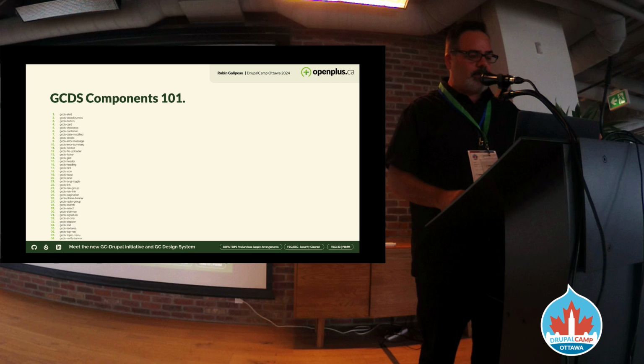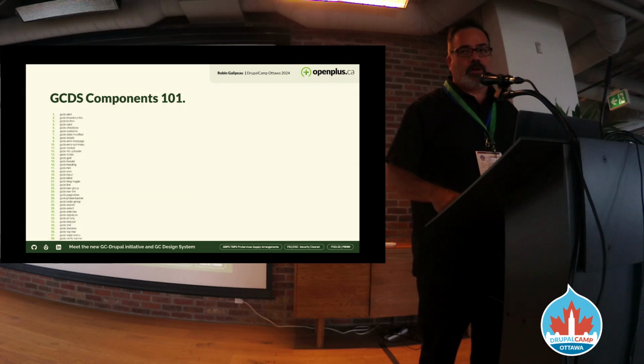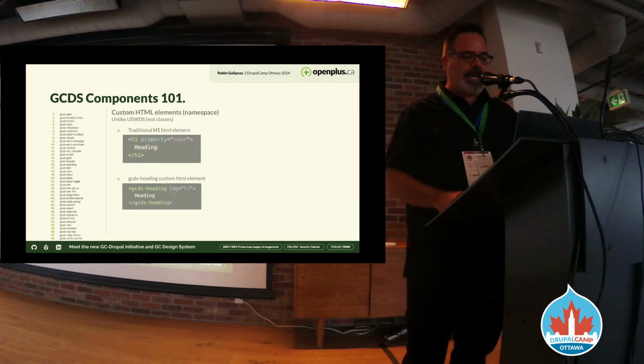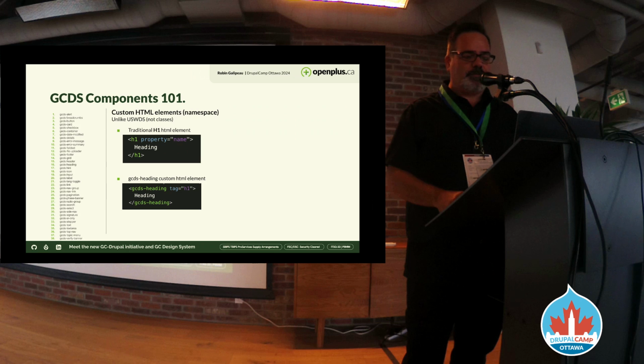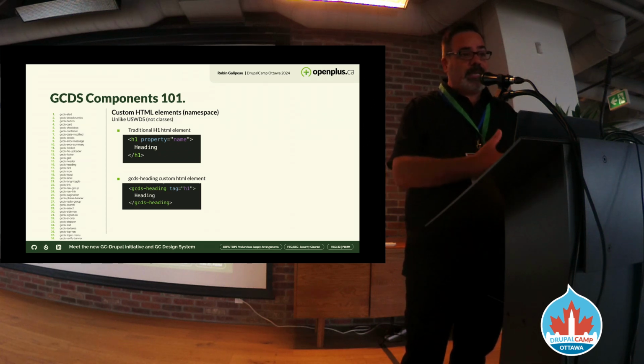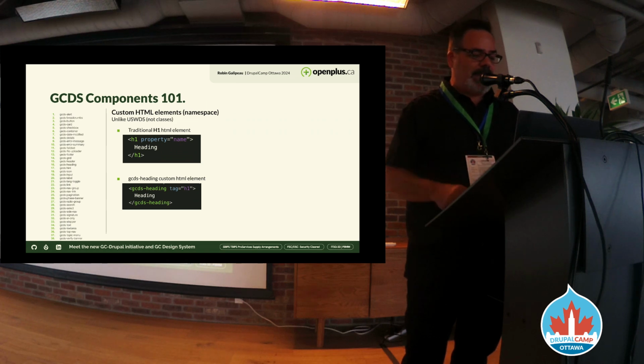So just to expose a bit of that, we've got 38 components currently in play with GCDS, and those aren't labels, those are actually the namespace of these custom HTML elements. So there are a couple of things people need to wrap their heads around: what it means to work with A, components, and then B, custom HTML elements that impact that.